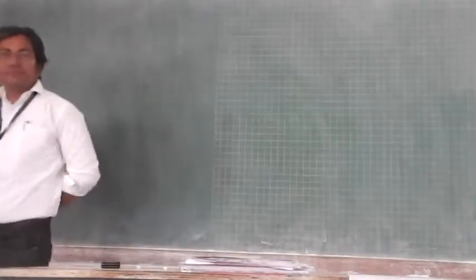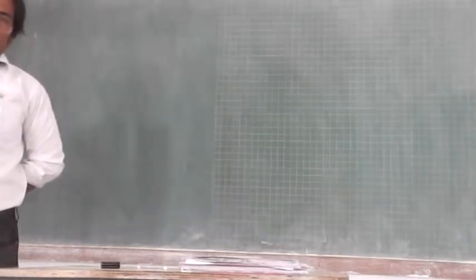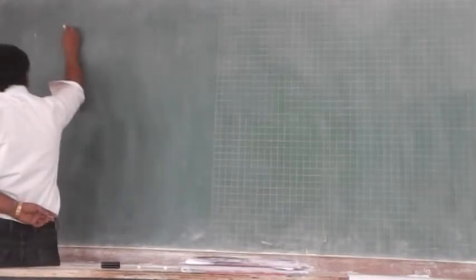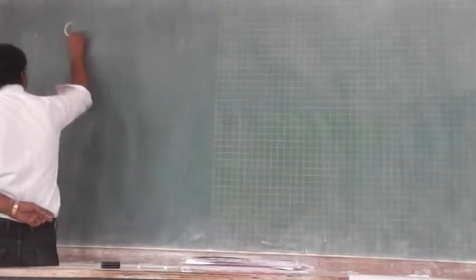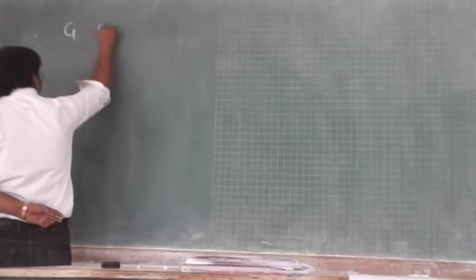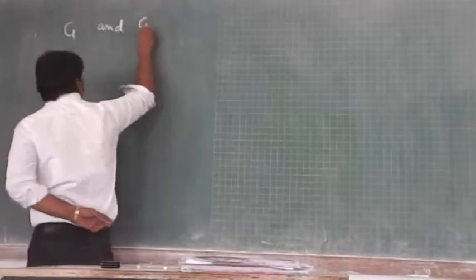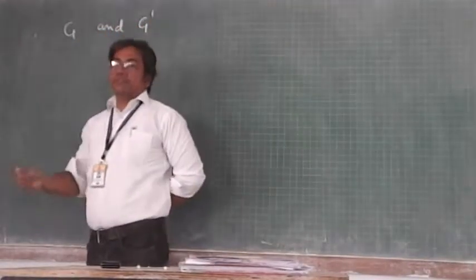So in the last lecture we were discussing construction of reduced grammar, and half part of it we discussed, that I will revise today. Before that, I want to see when the two grammars G and G dash will be equivalent.